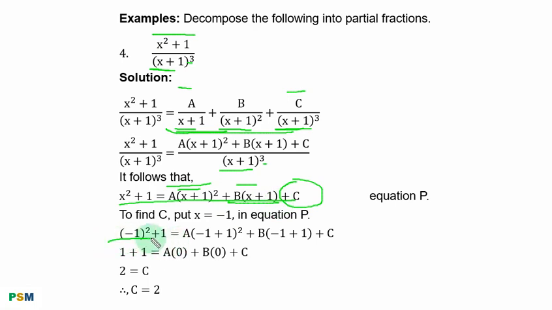So you have the result after putting s equal to minus 1. You have it in this form, and you have 2 equal to C. Therefore, C is equal to 2. We proceed by solving for A and B respectively.